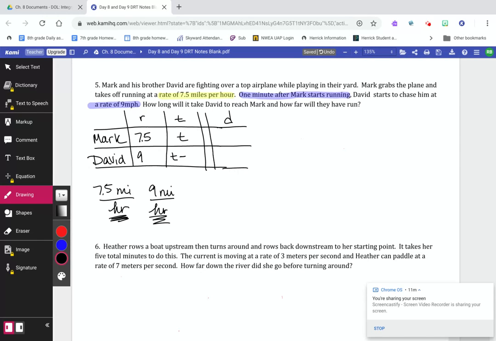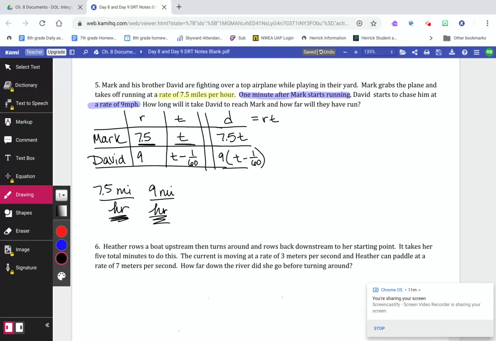So 1 minute would be, if our t is hours, 1/60th of an hour. And that's starting 1 minute later. Okay, so the distance for Mark would be 7.5 times t, because remember, d equals r times t. So I'm just multiplying rate times time. And over here we have 9 times t minus 1/60th.